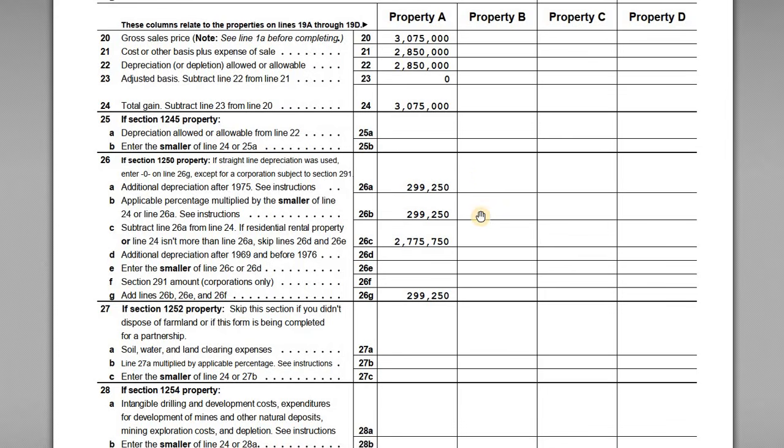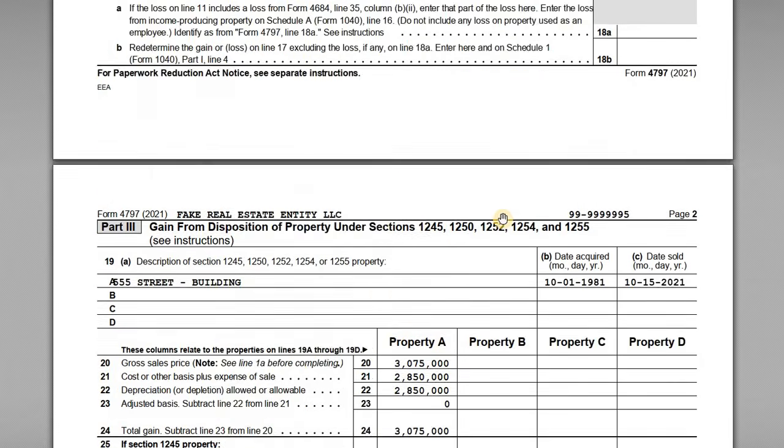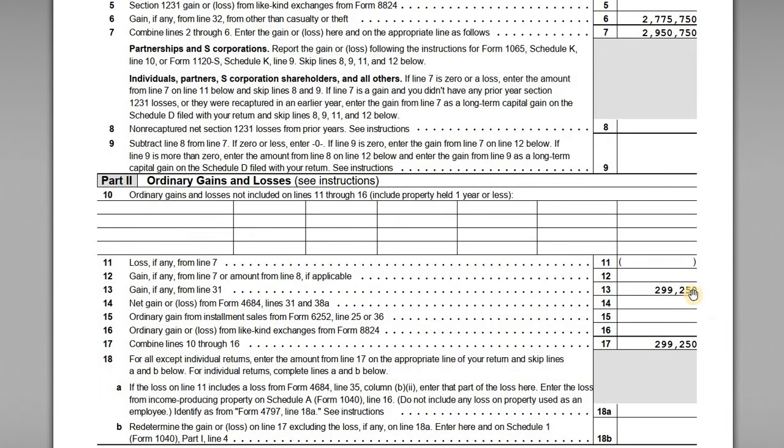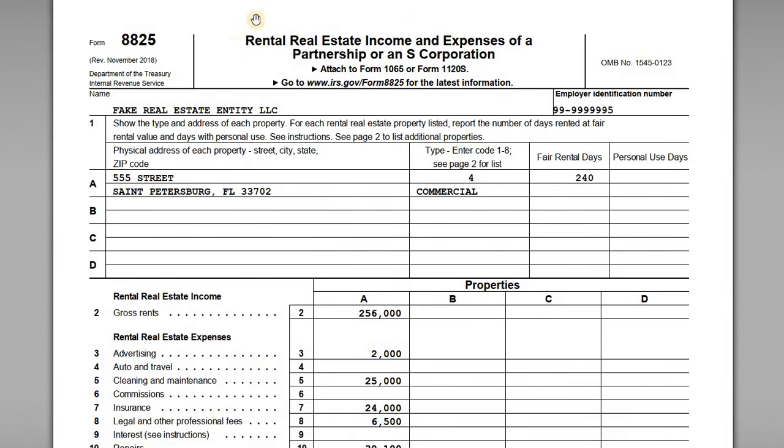Now, again, what's really important to remember here is this does not change the overall total amount of the gain. What we're doing here is we're just separating the gain into the various components. So the $299,250 is going to be the Section 1250 ordinary income recapture subject to ordinary tax rates. Okay, so we've got the $299,250 reported there on line 13, and then this is ultimately reported on the 8825, where we report all the rental income and expense.